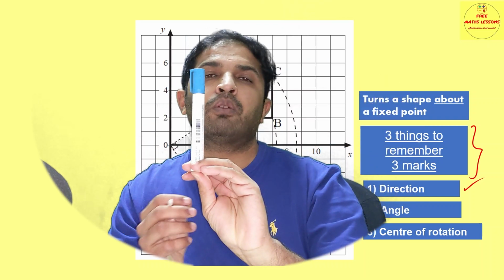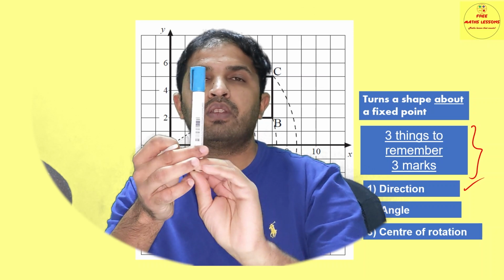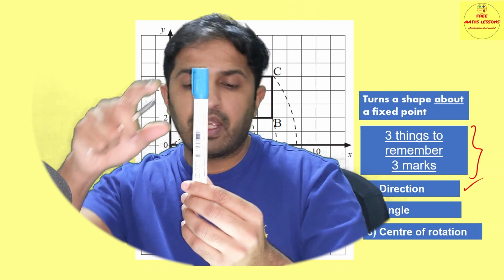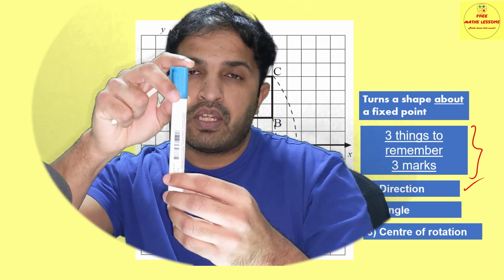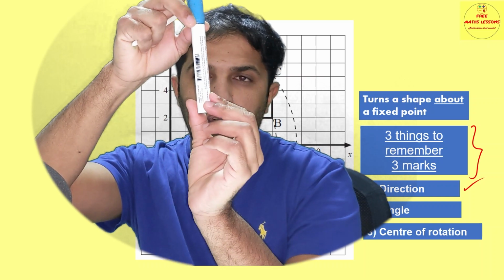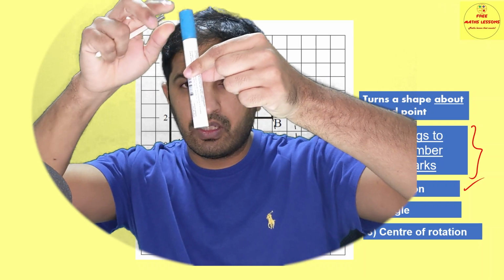And if it's a full turn, obviously there is no point them asking you the question. Rotate it 360 degrees and it will come back to its original position. And the center of rotation, where you're rotating it from. So I can rotate it from here, then it'll look like that. If I rotate it from the center where I'm holding it, then it'll do that.